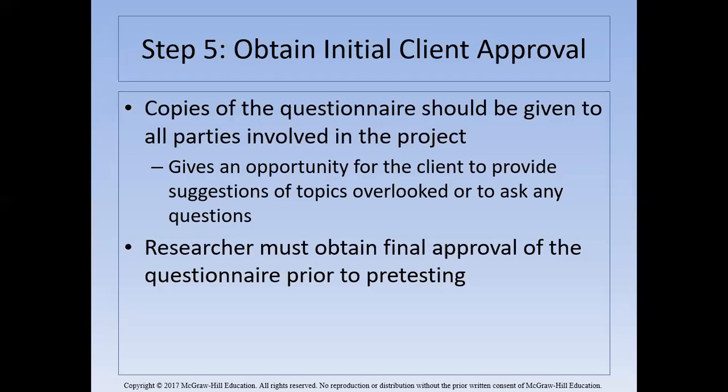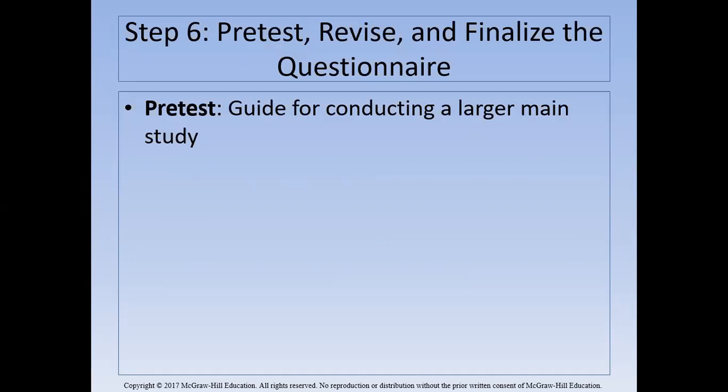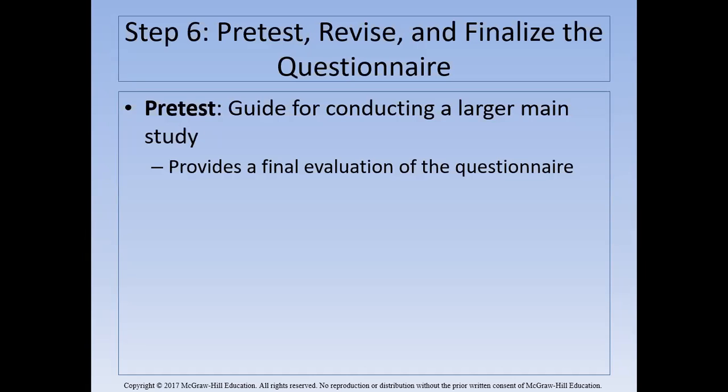Researchers must obtain final approval of the questionnaire prior to pre-testing. A pre-test is usually done before conducting a larger main study. So you do a pre-test to make sure you get the right answers, you wrote the right questions, and people are not confused and are responding the way you want them to.